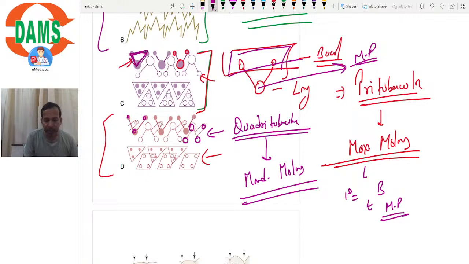Mesiobuccal, distobuccal, and mesiopalatal form the primary cusp triangle in the maxillary molar. Whereas the mandibular molar has all four cusps, that is mesiobuccal, distobuccal, mesiopalatal, distopalatal, so there is no primary cusp triangle.